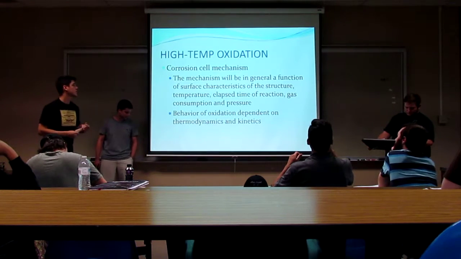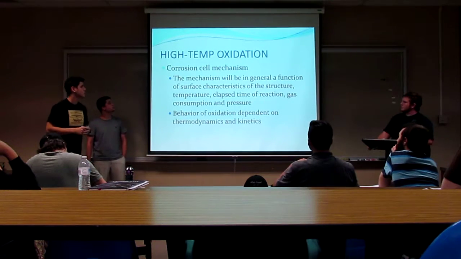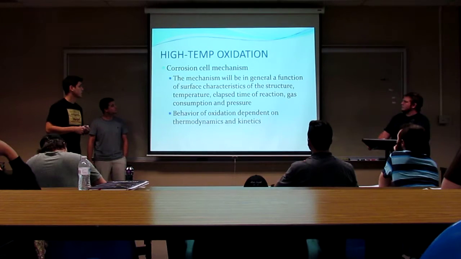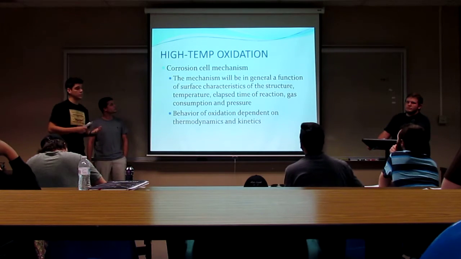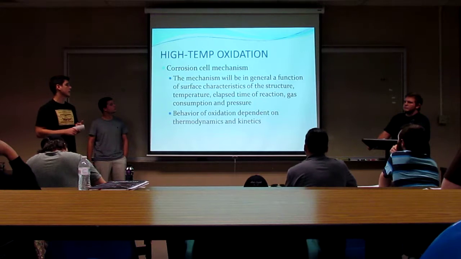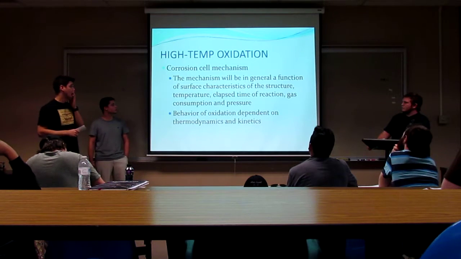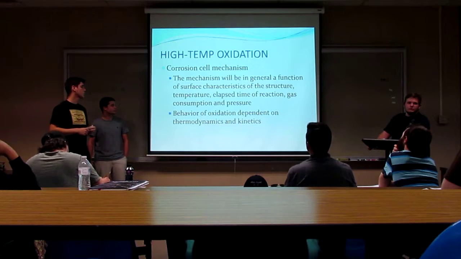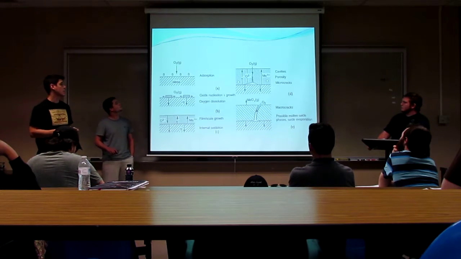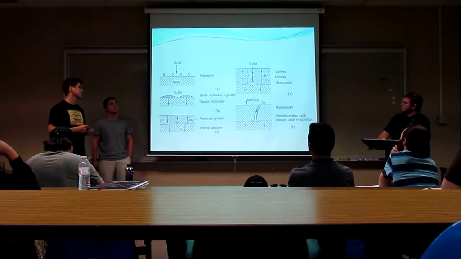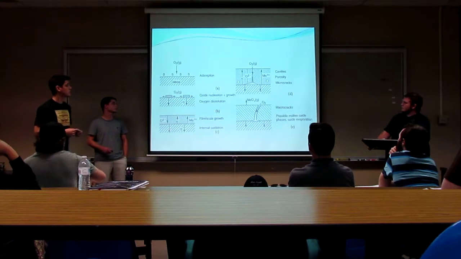The corrosion cell mechanism will in general be a function of the surface characteristics of the structure, temperature, the elapsed time of reaction, and the gas consumption and pressure. Behavioral oxidation depends on the thermodynamics and kinetics, how fast your oxide scale is going to grow.